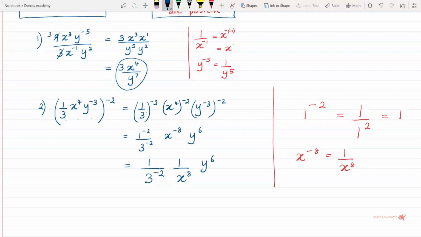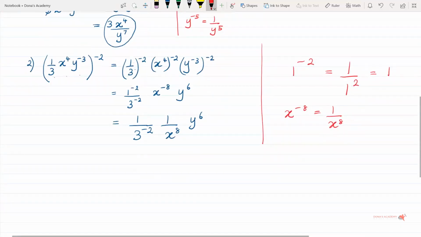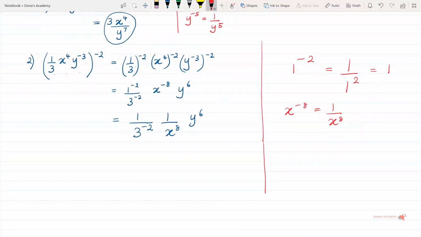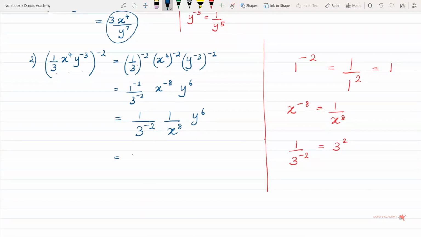All right, now what can you say about this? 1 divided by 3 to the power -2. This is the same as 3 to the power +2. So here we have 3 to the power +2, y^6, divided by x^8. We can rewrite 3 squared as 9, so 9y^6 divided by x^8.